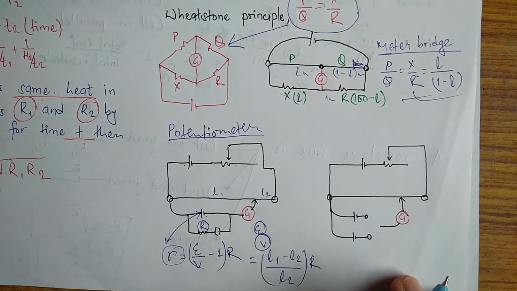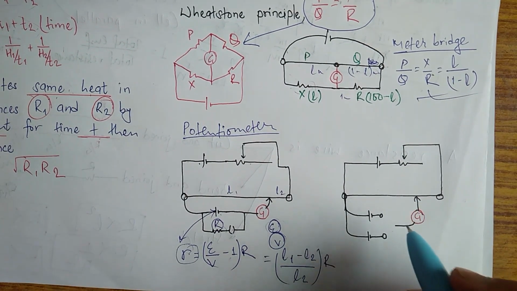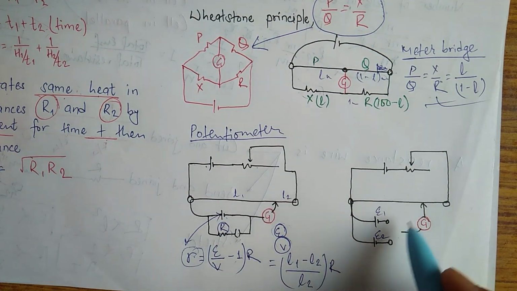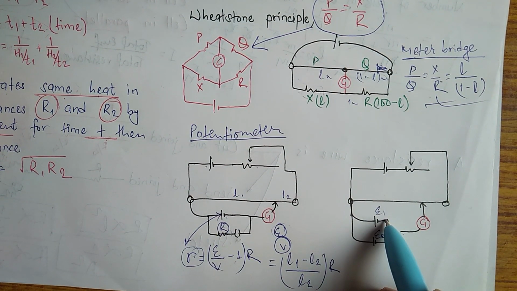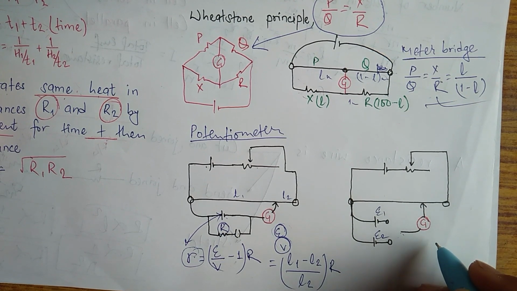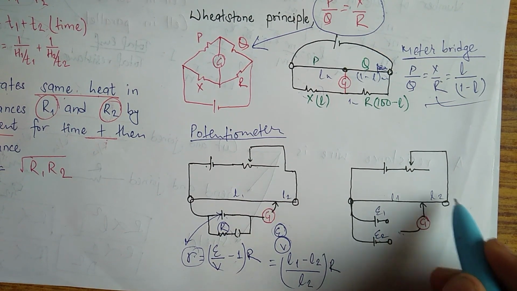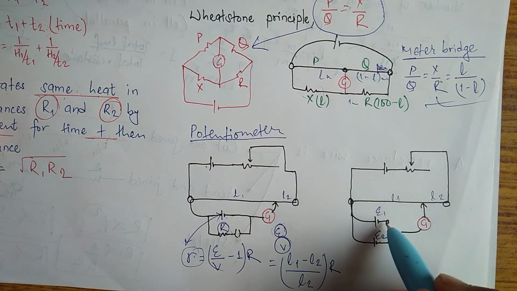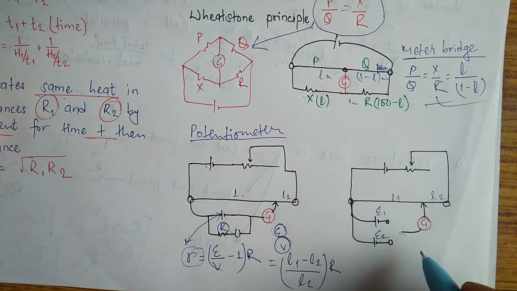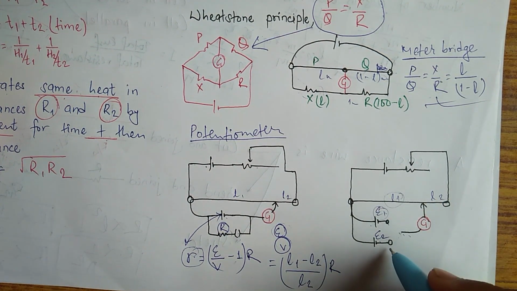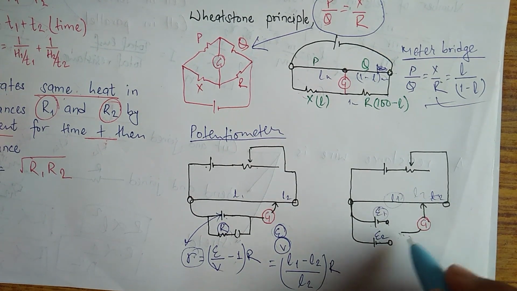Resistance of a cell. So now comparing the EMF of two cells, E1 and E2. When one is connected, one EMF will come, and when it is connected with this, another EMF will come, and their lengths L1 and L2 will be different in the two cases. In the first case L1 when it is connected with this, and in the second case L2 will come.